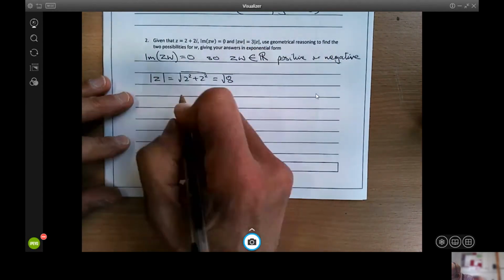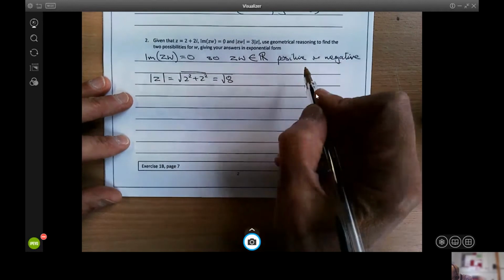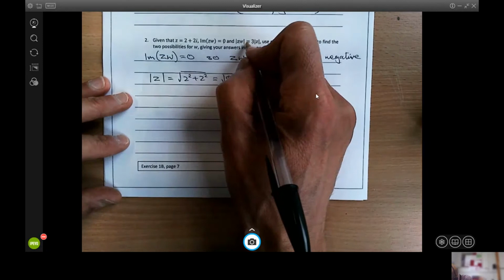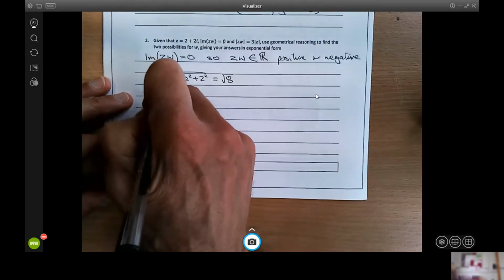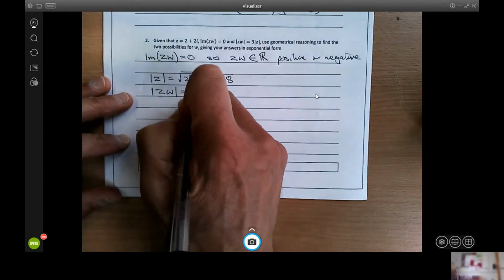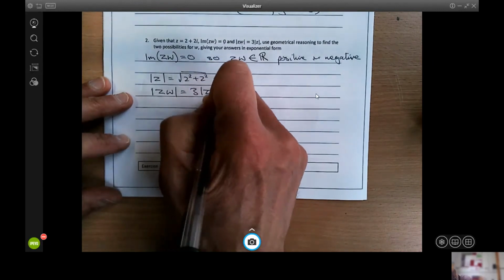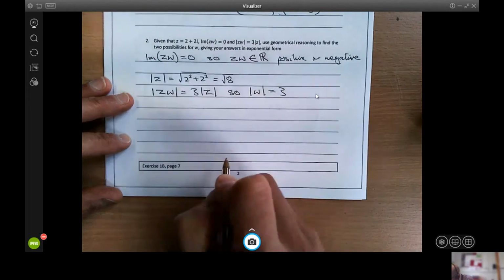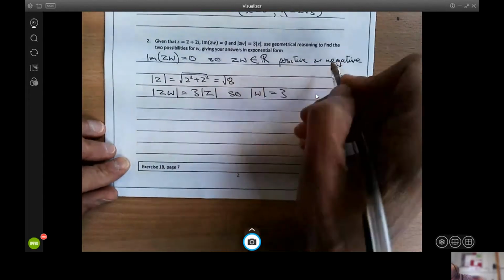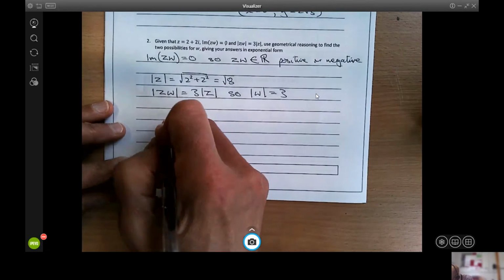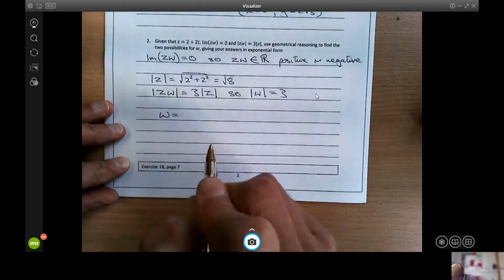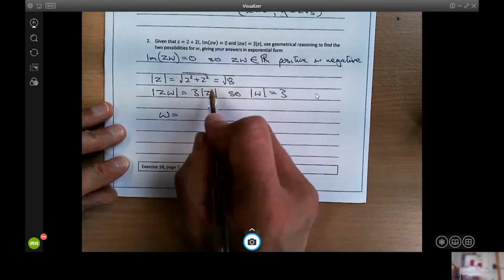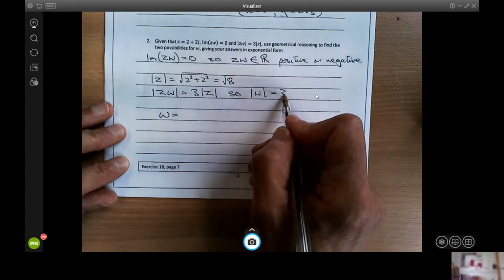We can say that the modulus of zw is equal to 3 times the modulus of z. So modulus of w must be 3.